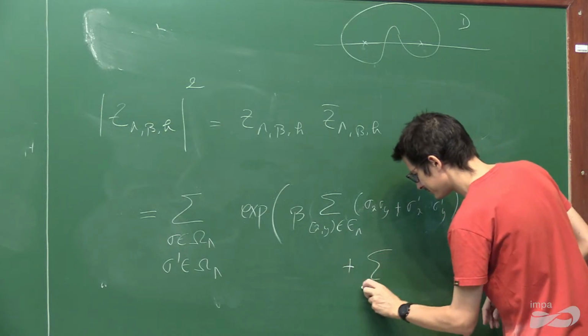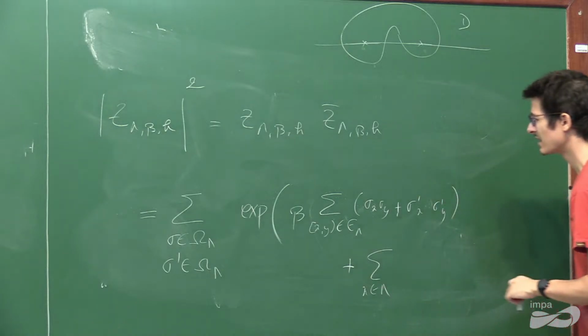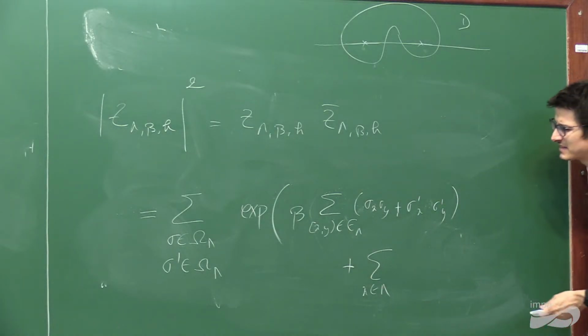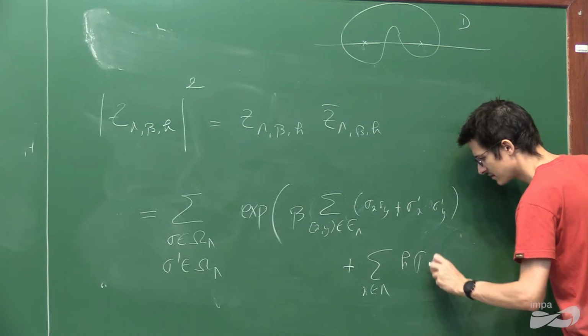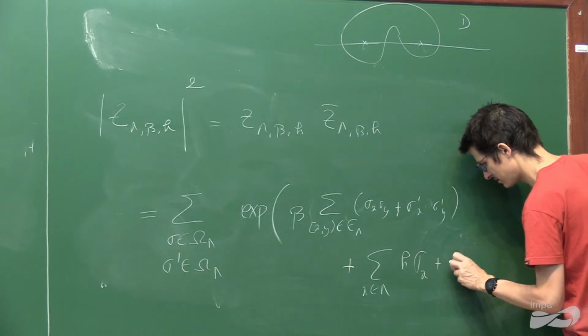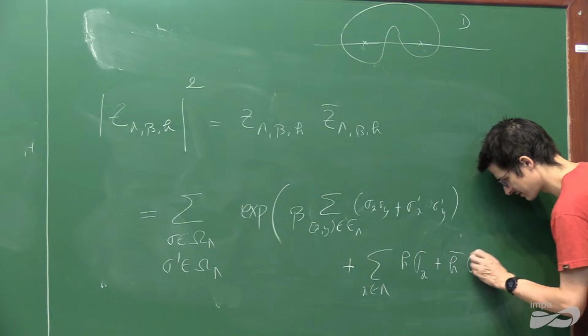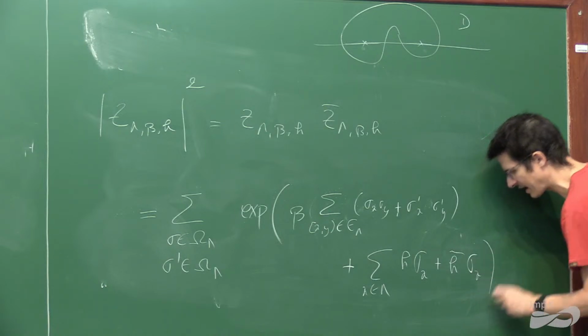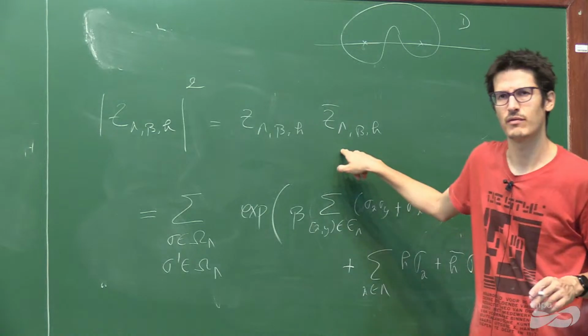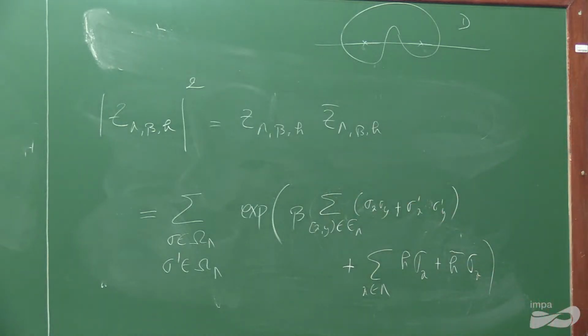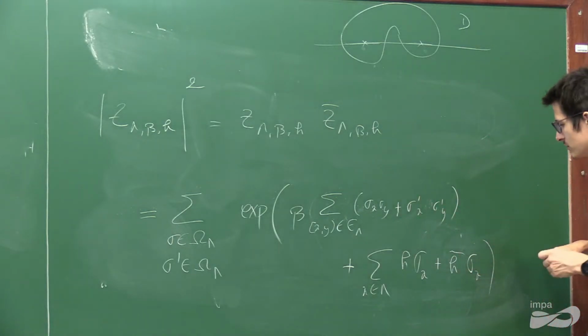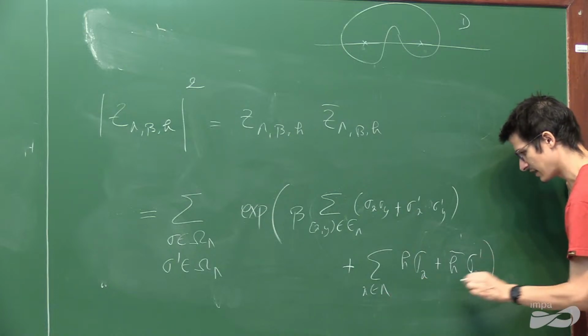Okay, and when I look at the magnetic field part, well, I have to take the conjugate weights for Z bar, and the conjugate of the exponential of H is the exponential of the conjugate of H. And the conjugate of the product is the product of the conjugates. Well, so in the end, this is what you get.